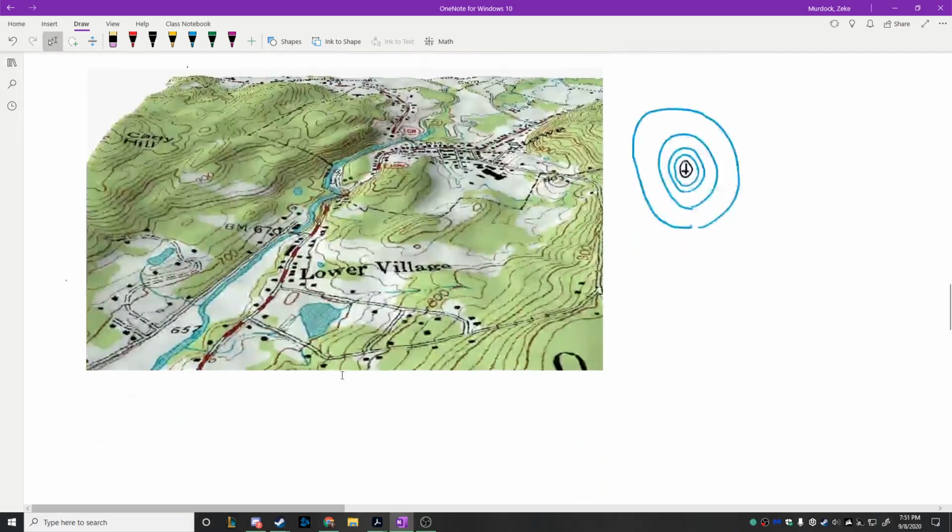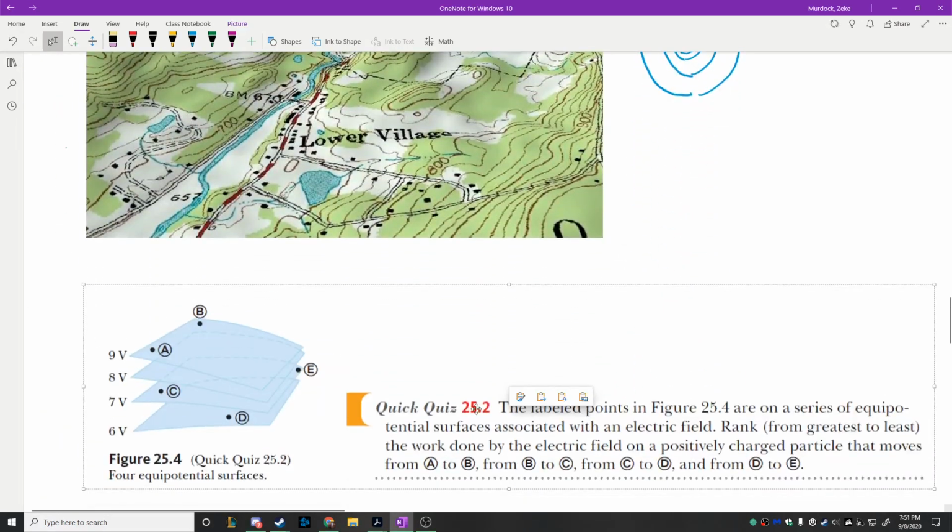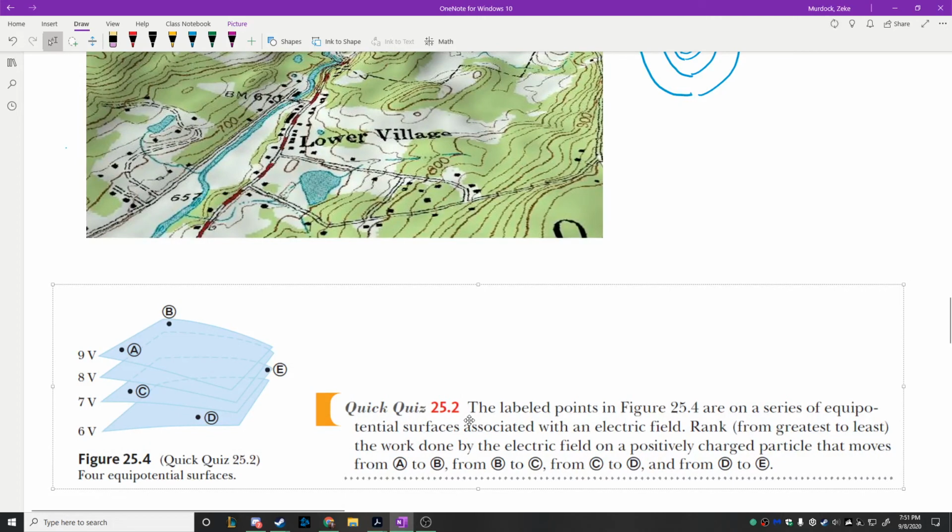This is a quick quiz about equipotentials, just to give you an idea of what they are. And maybe we haven't said enough yet to where this is answerable. But look at this question. We've got equipotential surfaces: one that's 6 volts, 7 volts, 8 volts, 9 volts, and then some points. A and B are both on the 9 volt surface.